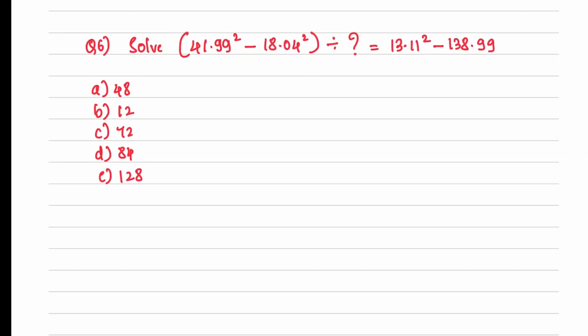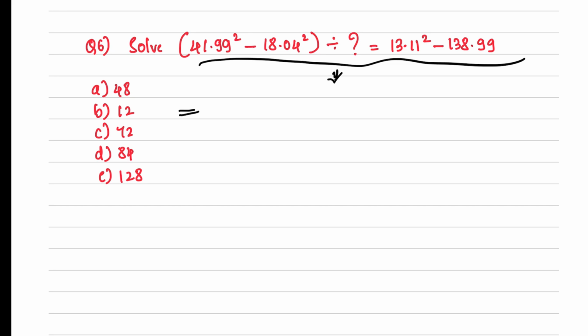See the next question. We should solve this. See, before that, check the options first, because if you solve in usual method, you will get the answer in decimals only, because all are decimals here. But the options, if you see, there is no decimal in the option, so all are whole numbers.